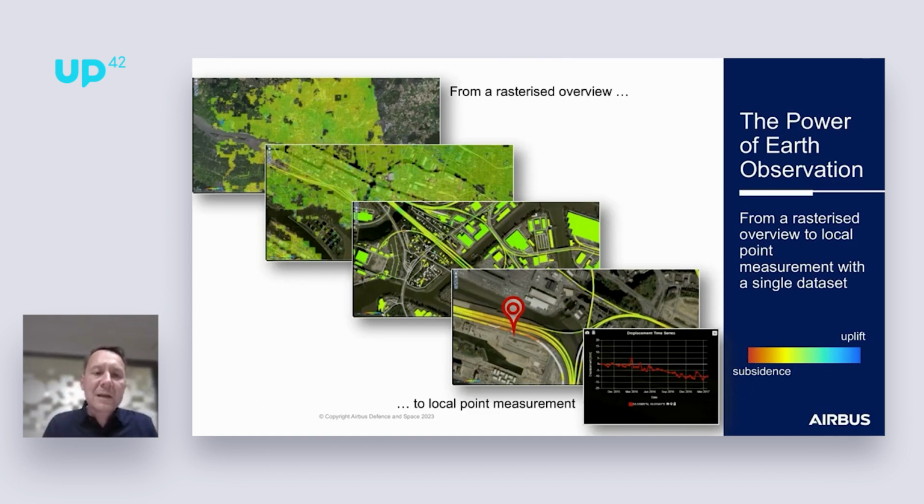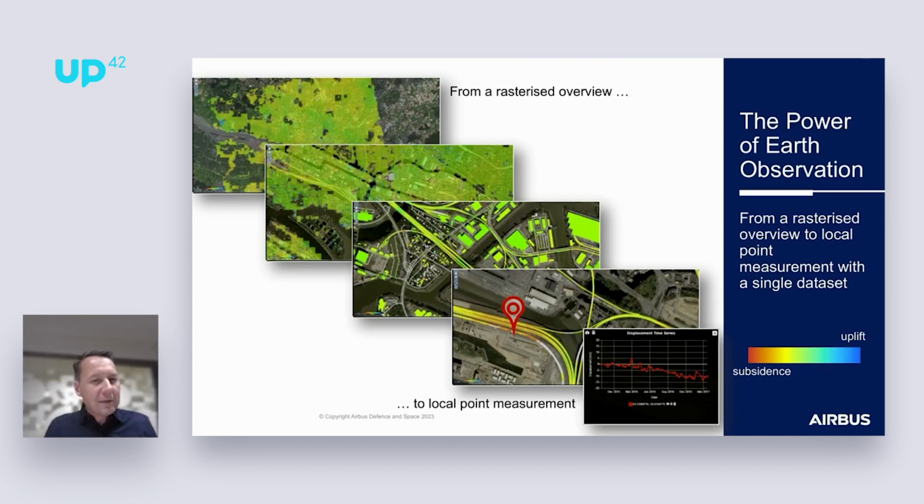If you zoom in, you can see the movements which are relevant for specific infrastructure elements. In this example, we have a rail track which moves, and we selected a single point out of millions of points, and for that we have this time series created during the observation period.